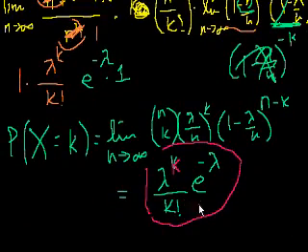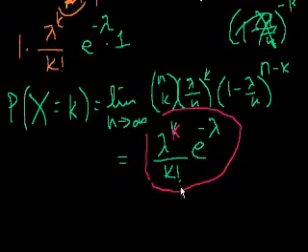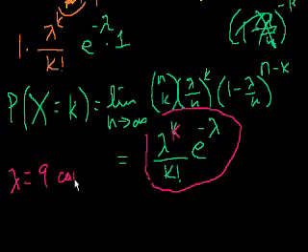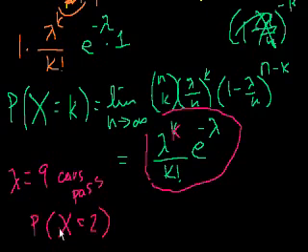But anyway, just so that you know how to use this, let's say that I'm the traffic engineer, and I figure out that on average 9 cars pass per hour. And I want to know the probability that exactly 2 cars pass in a given hour.